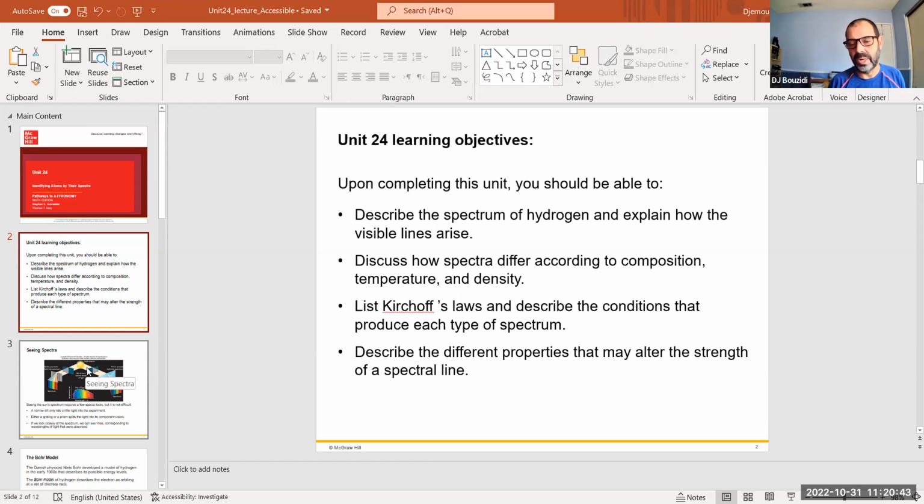And each and every one of them will correspond to a certain energy that is either absorbed or emitted, depending on how the molecule itself is excited. But usually those are far, far longer wavelengths, with less energy than the spectral lines coming from atomic transitions, which is the focus of this unit.